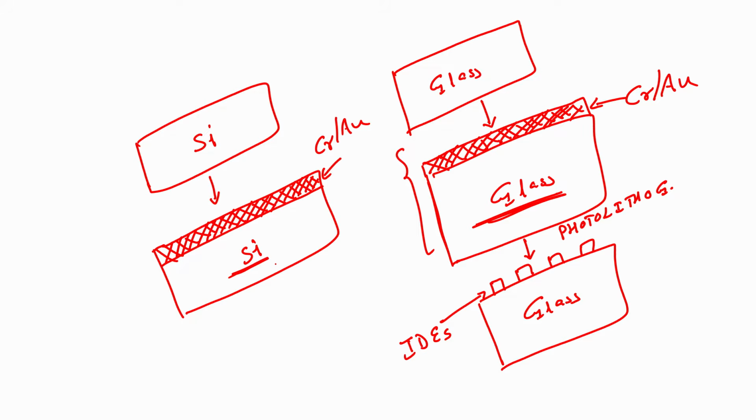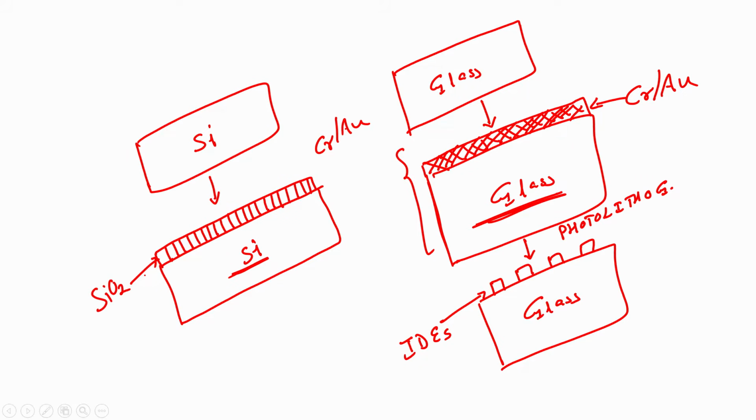So, what should I do? If I want to make the device on silicon wafer, I have to first grow silicon dioxide, right. This is SiO2. What is SiO2? SiO2 is your glass.